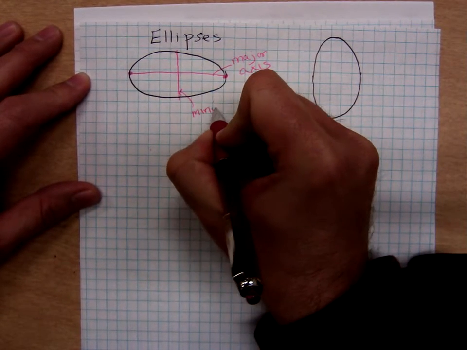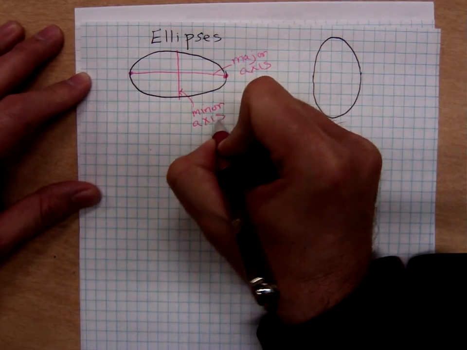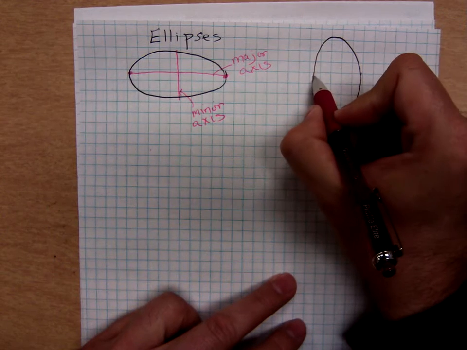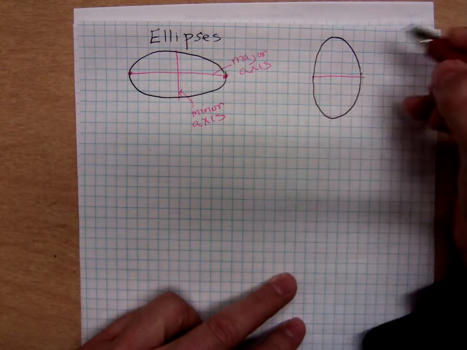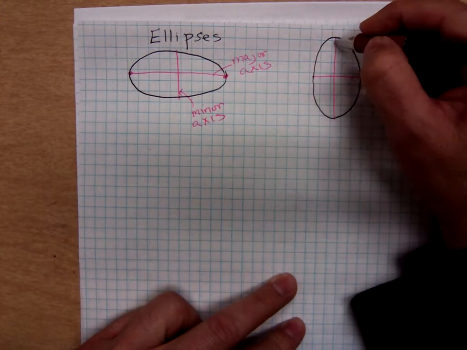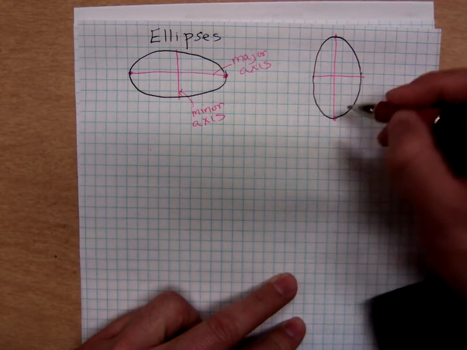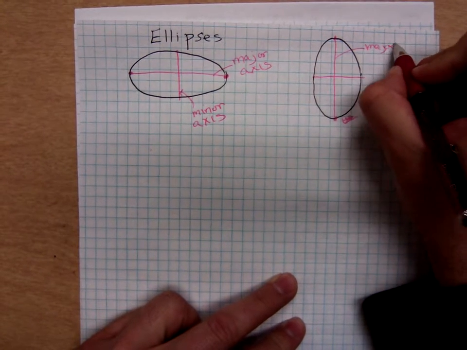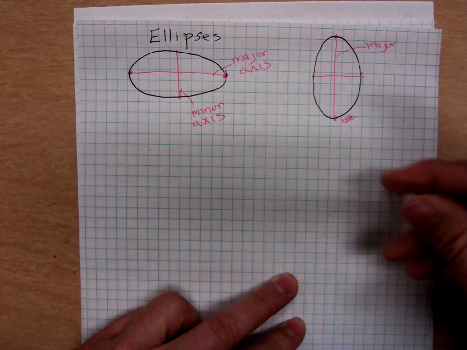The minor axis, I'm not saying it's vertical. I'm saying it's the one that's the short one. Like on this one here, the major axis is vertical, it looks like. Major and minor.